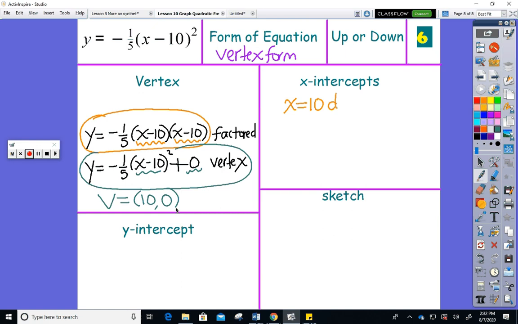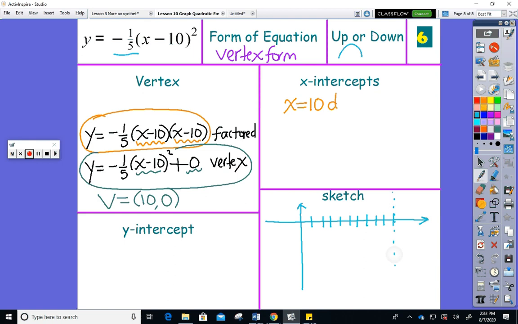Okay, so wait a minute. How do you piece that together? Well, let's see here. (10, 0). And the thing opens, it's negative 1/5, so the thing opens down. But look, I'm going to say (10, 0). I'm going high with my x-axis since this puppy opens down. 4, 5, 6, 7, 8, 9, 10.